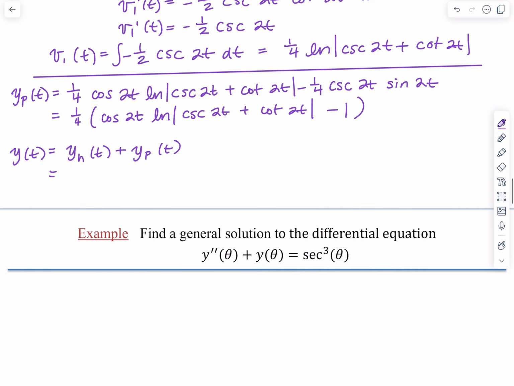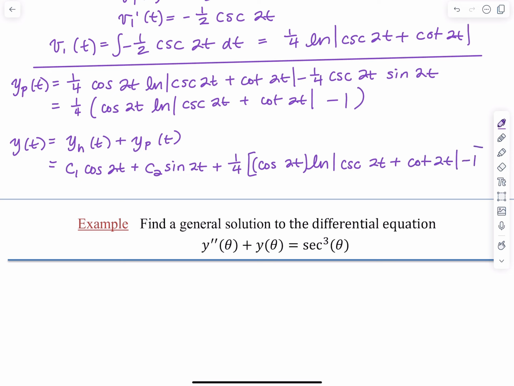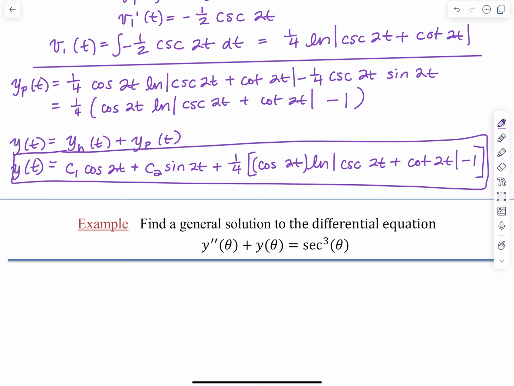So our homogeneous solution was C1 cosine of 2t plus C2 sine of 2t plus, and here is our particular solution, cosine of 2t multiplied by the natural log, I guess go ahead and put parentheses there, of cosecant of 2t plus cotangent of 2t minus 1. And that is our general solution.